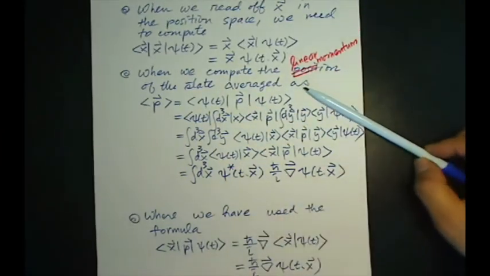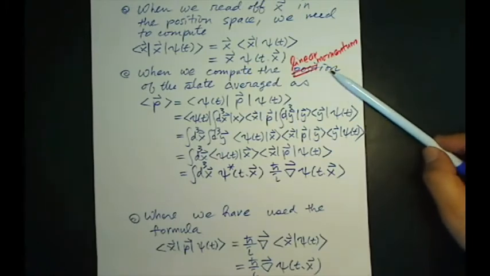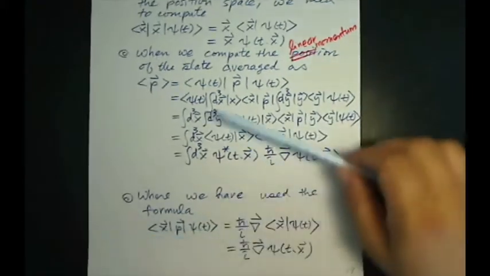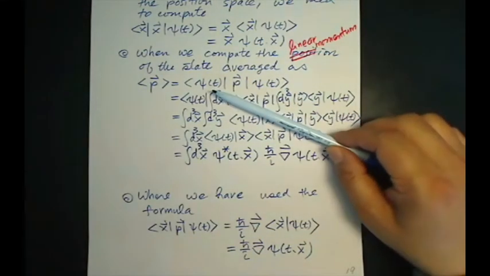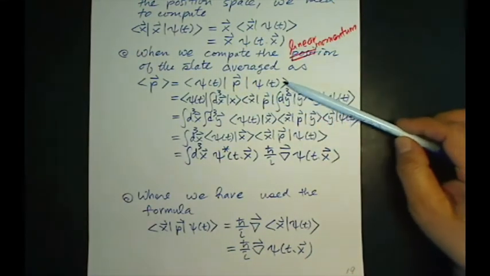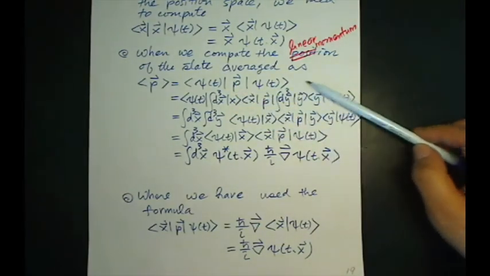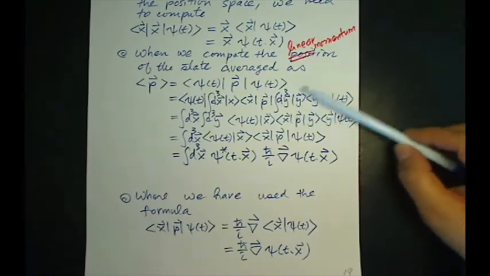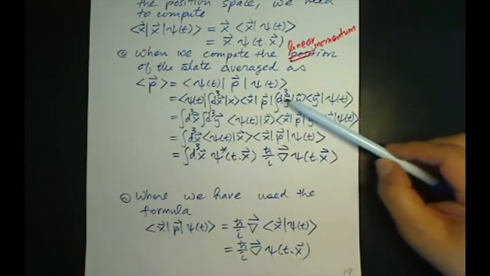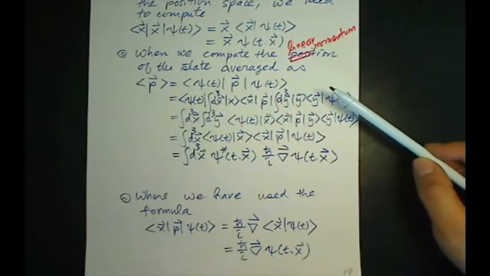When we compute the linear momentum, we do the same job, and p is sandwiched by the state bra and ket, and we insert the identity operator, that is the direct product of x and y integrated over x and y.